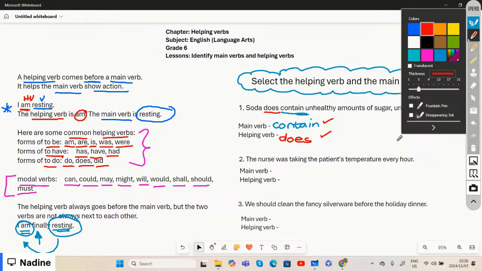All right, let's look at the next one. The next sentence is: the nurse was taking the patient's temperature every hour. We need to select the main verb first, and then we are going to select the helping verb.